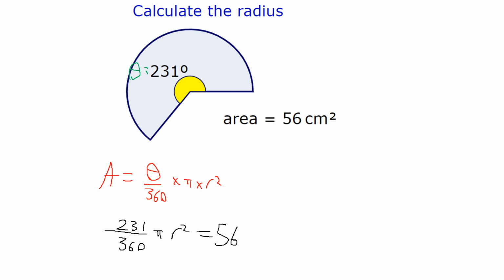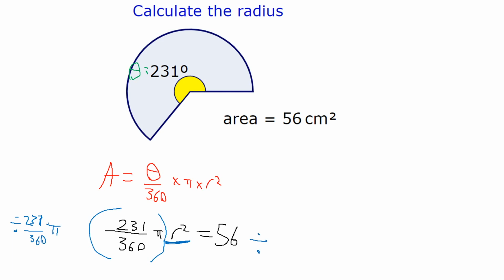So now all we need to do is make r the subject. By doing that, all we need to do is divide both sides by 231 over 360 pi, and we do the same to the other side.